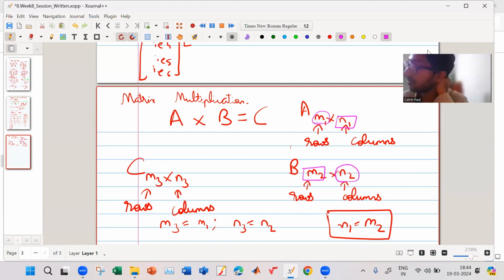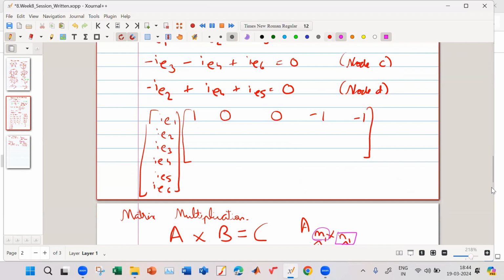So now, let us go to this one. What is the dimension of this matrix? 6 cross 1.